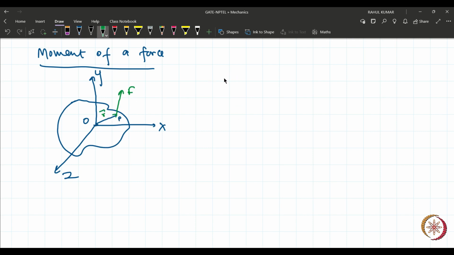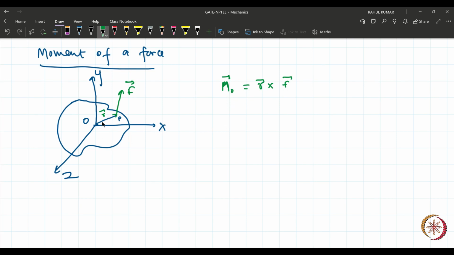Then from the definition of moment, M naught, the moment about point O, is nothing but r cross F. Here M naught is also a vector quantity, and its direction can be determined by using the right hand thumb rule.